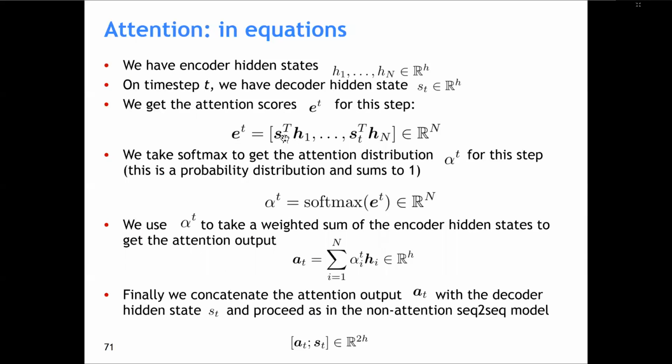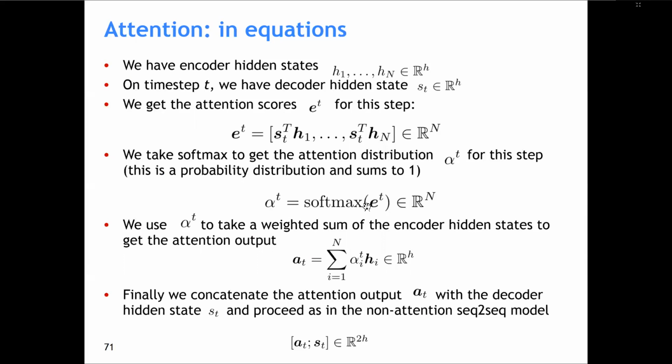For this example, the attention scores are calculated through the inner product to represent their relationship, similarity, right? And then from these attention scores, we do a softmax to transform it into a distribution, so all the alpha now sum up to 1.